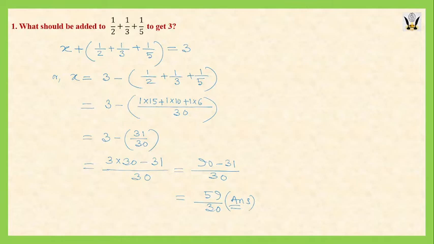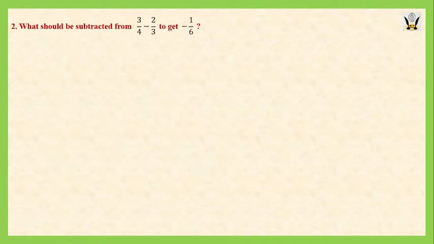Now let's see what is waiting for us next. The next sum is: what should be subtracted from the result of this subtraction to get minus 1 by 6? So here we will assume again that x should be subtracted. And from where will it be subtracted? From the result of this subtraction.